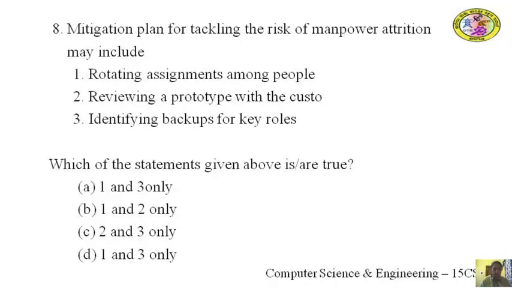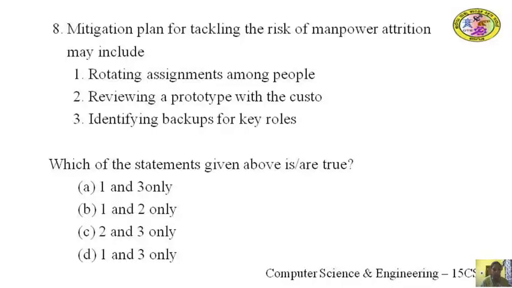Mitigation plan for tackling the risk of manpower attrition may include 1. Rotating assignments among people, 2. Reviewing a prototype with the customer, 3. Identifying backups for key roles.